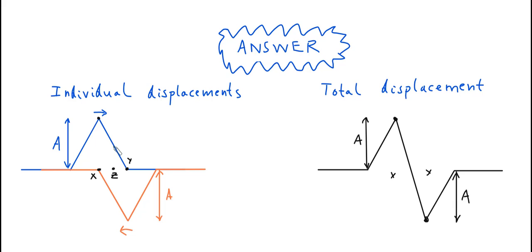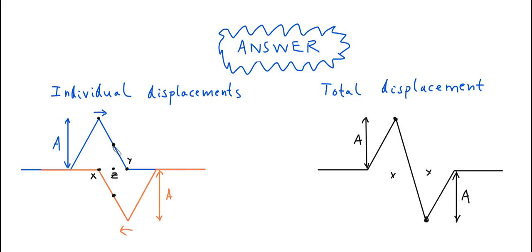Well, at z, we know the displacement of the blue wave is going to be a over 2, half a, right? And the displacement of the orange wave is going to be minus half a.